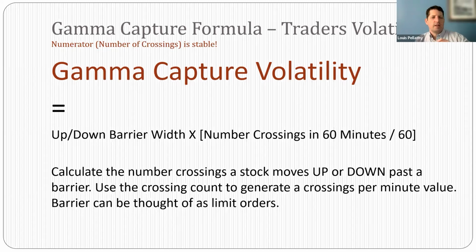And if I cross again, the barriers will reset to be on either side of the current stock price. And as the numbers of crossings increase, you're increasing your count. And then in a 1 hour window, you say, okay, how many times have I crossed in a 1 hour window? You divide 1 hour by 60 minutes to get a per minute crossing, multiply that back to the up-down barrier width, and you get a gamma, and you get a volatility.